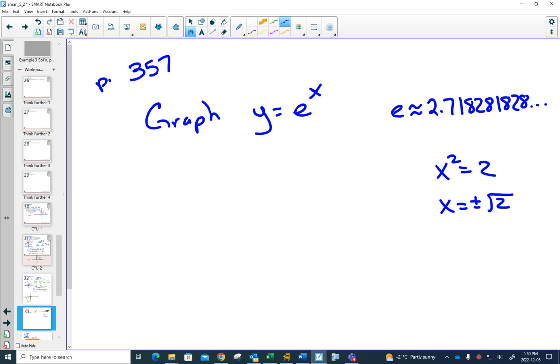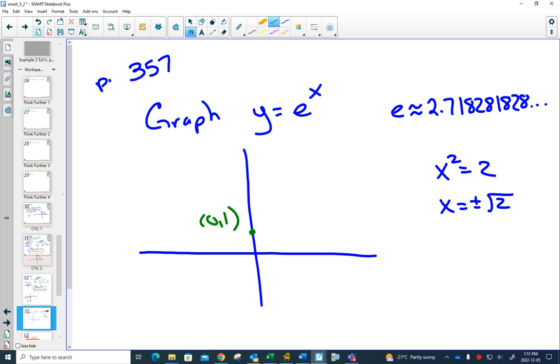It's the number e. And if you had to graph e to the x, it's relatively easy. Every exponential graph has what point? 0, 1. This one's going to have the point 1, e. And it's going to have the same shape as all of our other exponential graphs with an asymptote at y equals 0.